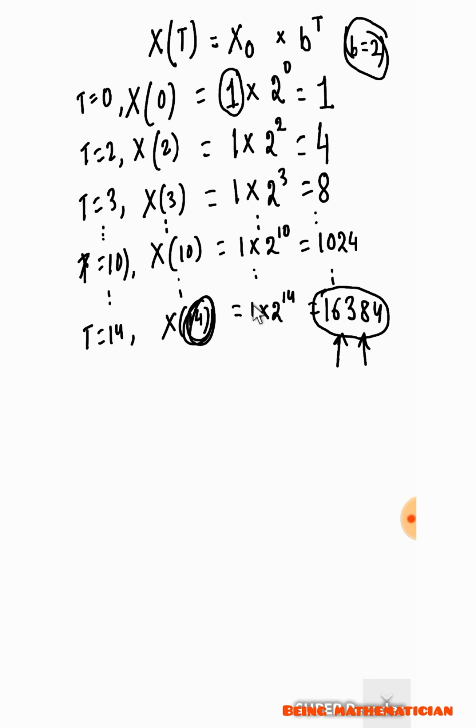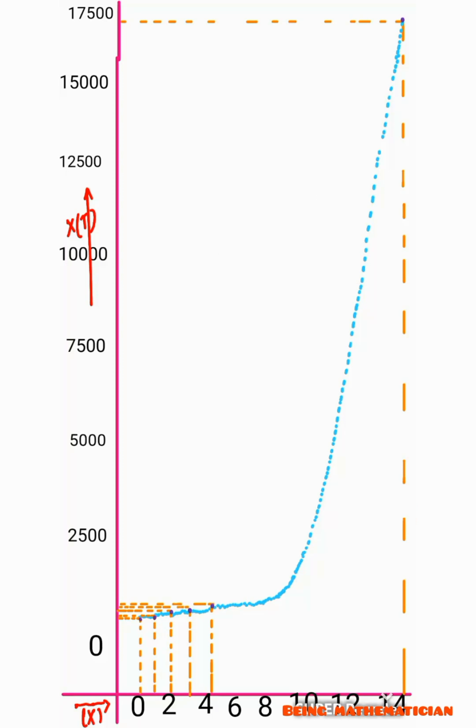We have to understand this data graphically to explain it briefly. So let's see the graph of this data. This is the graphical representation of the data.